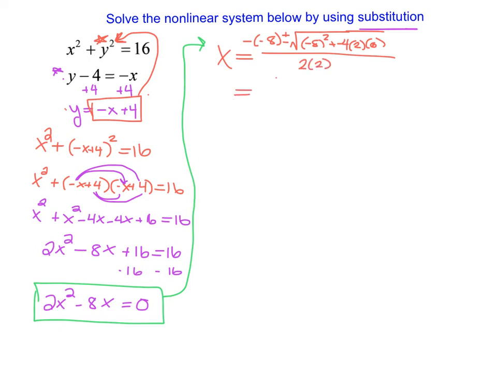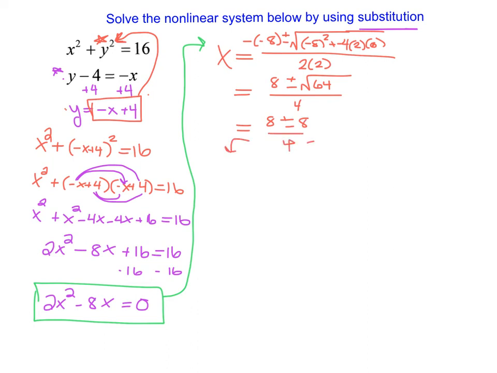So this becomes a positive 8 plus or minus the square root. If I take negative 8 squared plus negative 4 times 2 times 0, I end up with 64 underneath that square root. And then 2 times 2 gives me 4. So then here I have 8 plus or minus the square root of 64, which is 8, over 4.